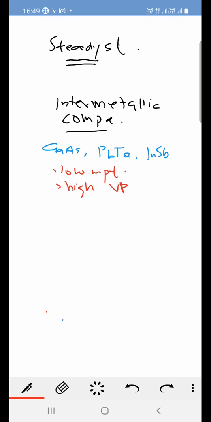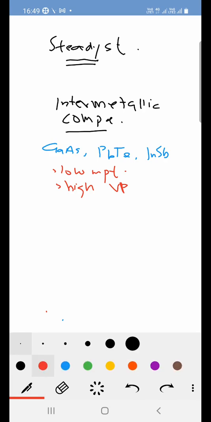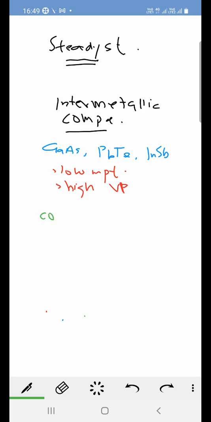Now, if our objective is to develop a compound semiconductor, in that case we need to have a carefully controlled stoichiometry.